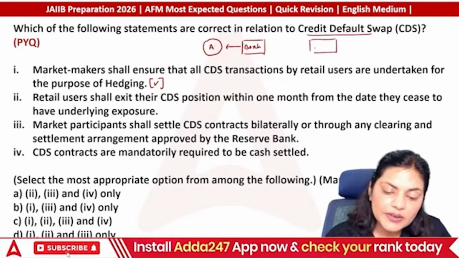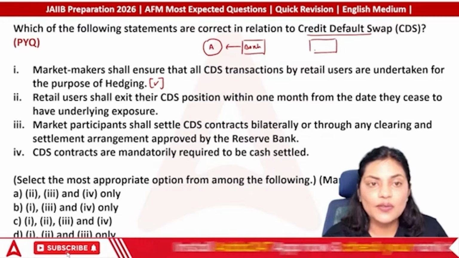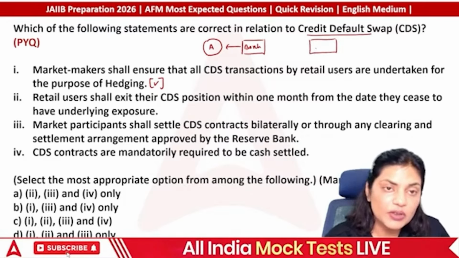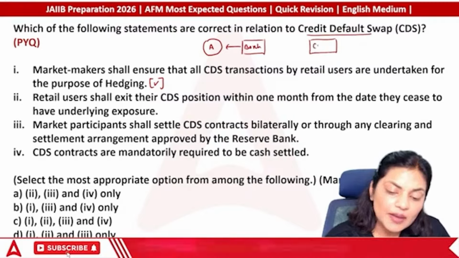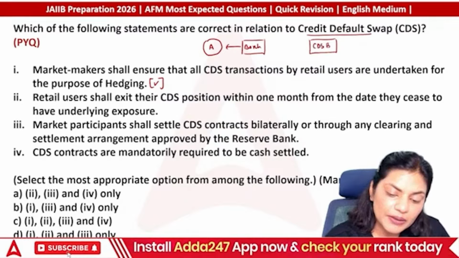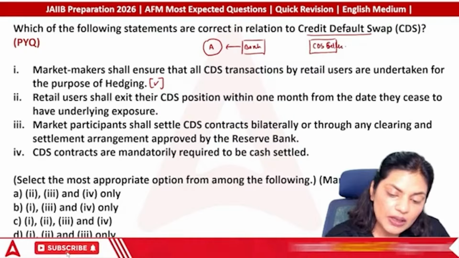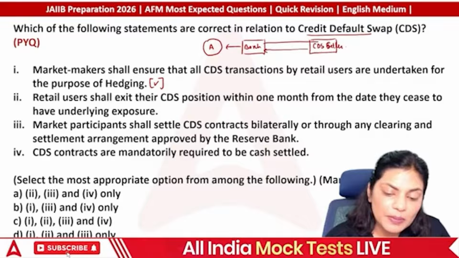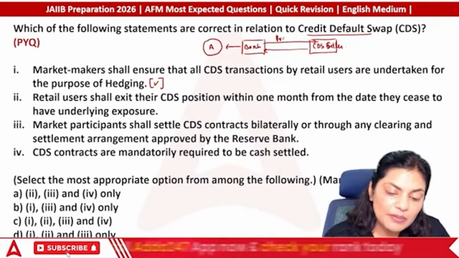What can the bank do in order to protect itself from the risk being lost by converting into NPA? They can approach a CDS seller. A CDS seller would sell a credit default swap to the bank. In turn, the bank would buy that and will pay a premium for this purpose.